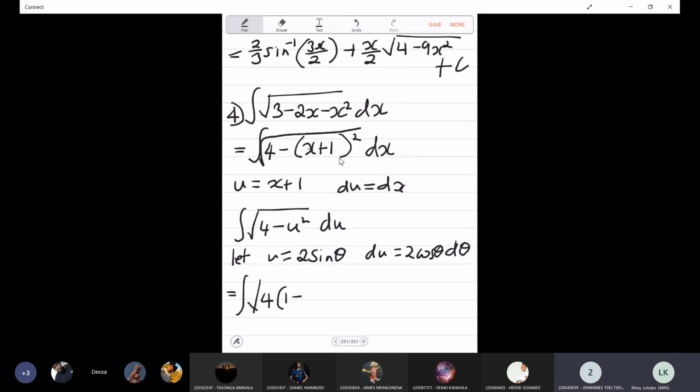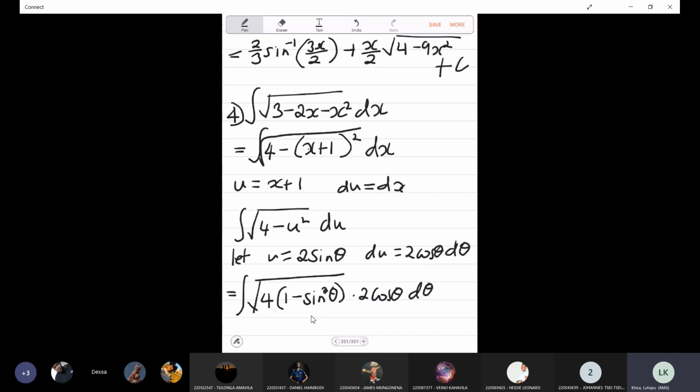Oh, yeah. So from here, we'll have 1 minus sine squared theta. And then on the outside, I have 2 cos theta d theta.